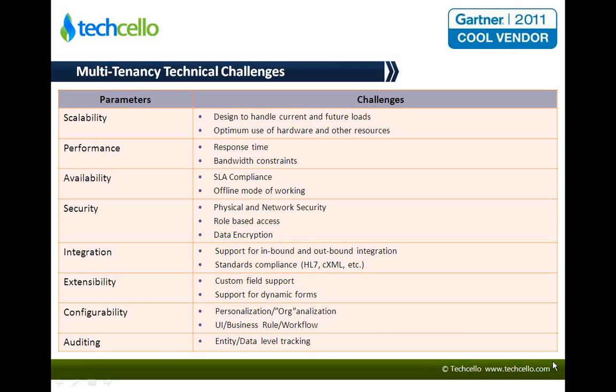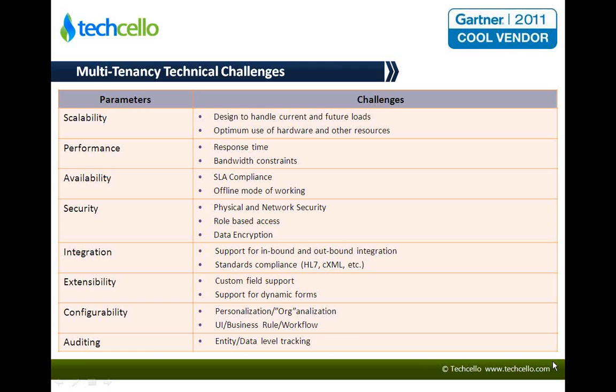So you will have to ensure that your customers are convinced about your security measures and mechanisms, and you might have to get some certifications or comply with certain standards to be able to convince your customers. So that's number one, your physical and network security itself.